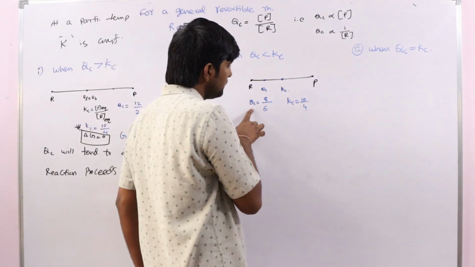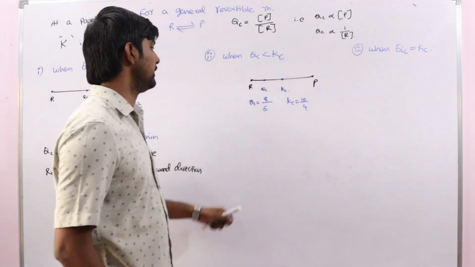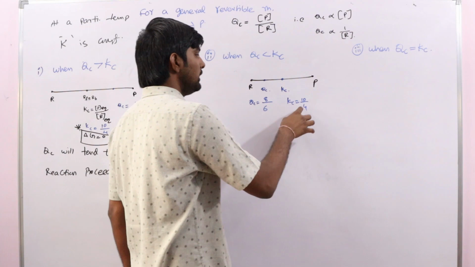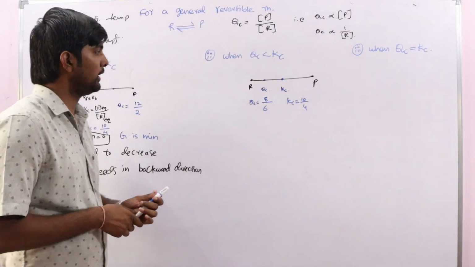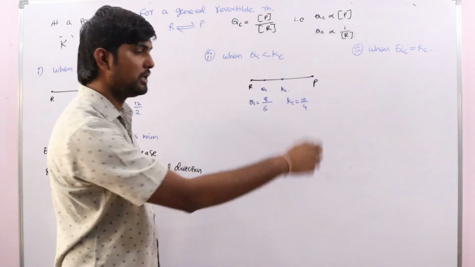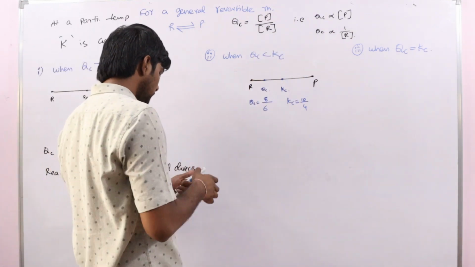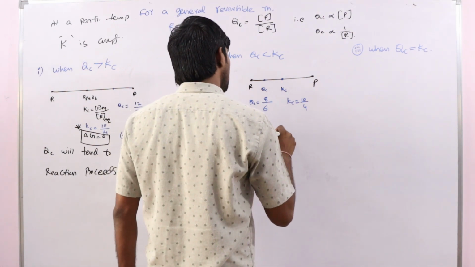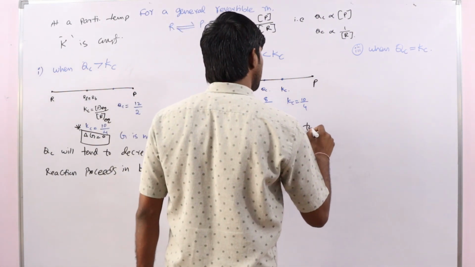See here, QC value is less than Kc, because here it is 8/6, which means 1 point something, and here it is 10/4, which means 2.5, right? Okay, so now which is the more stable one? Kc is the more stable state, which means QC will tend to increase its value.